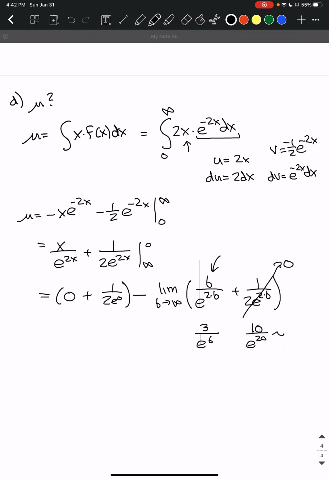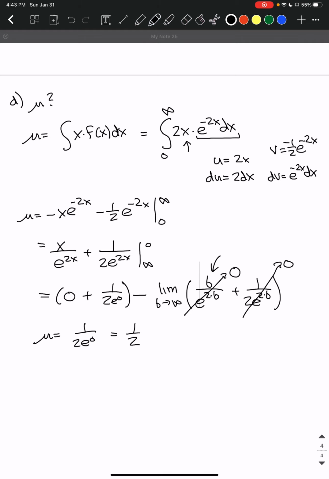So these are getting super, super small. And we'll talk about that again later, but essentially we can say that this goes to 0 because the denominator is growing much, much faster than the numerator. Okay, so this tells us then that mu is equal to 1 over 2e to the 0th, which we know to be a half.